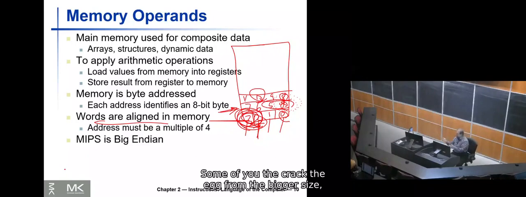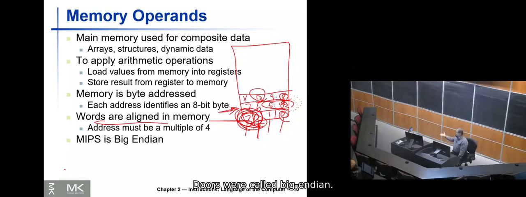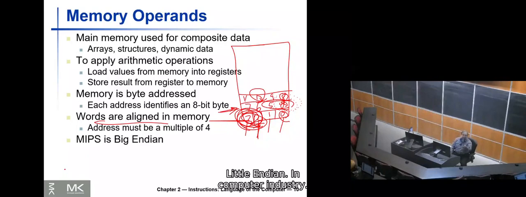Some of you crack the egg from the bigger side, some from the lower side. Those were called big endian. The other ones were called little endian. In the computer industry, they got the word from there, and we have two kinds of computer architectures, big endian and little endian.